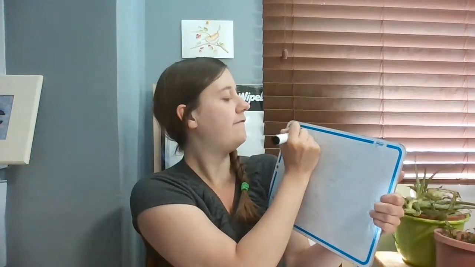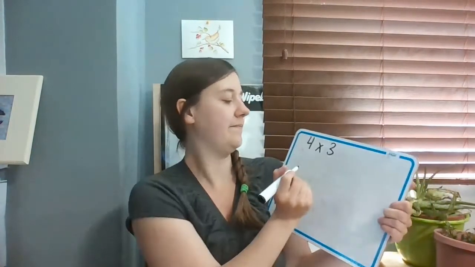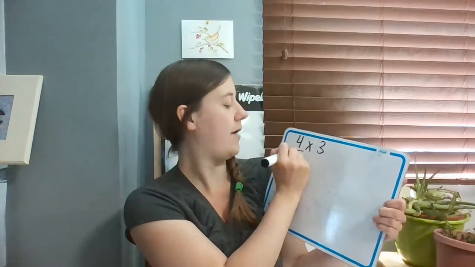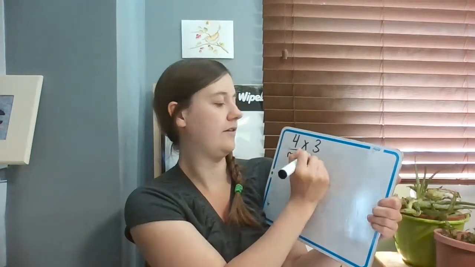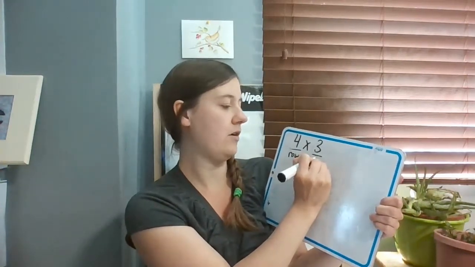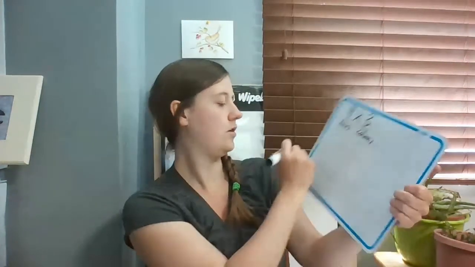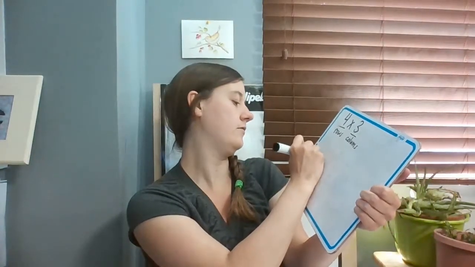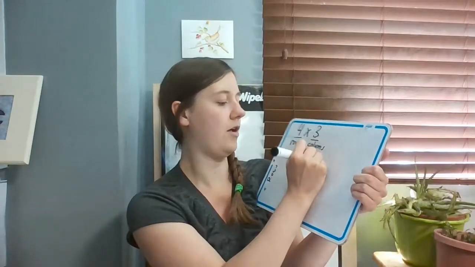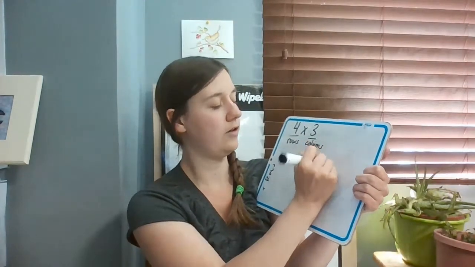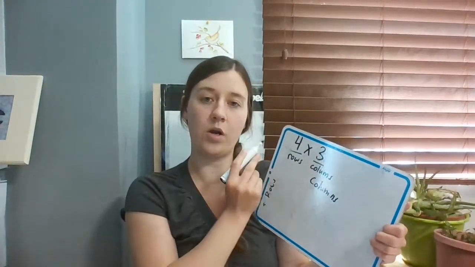Let's try 4 times 3. Now, 4 is our rows. 3 is our columns. Our rows go here. Our columns go here. So we need 4 rows.